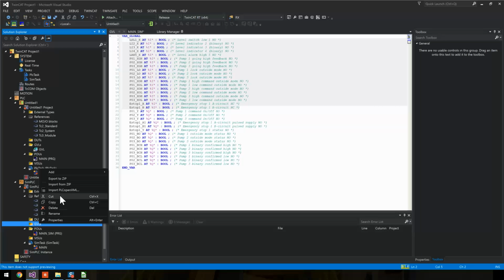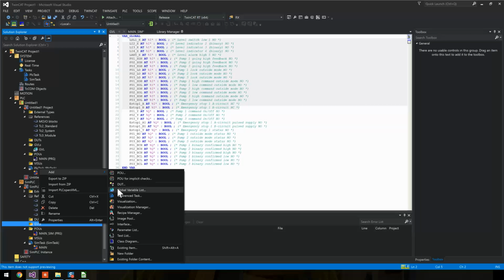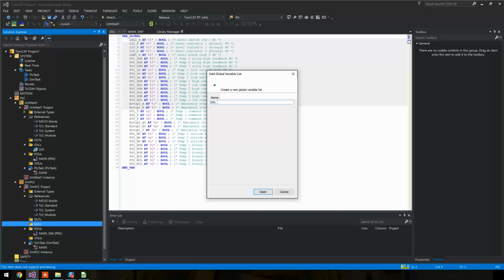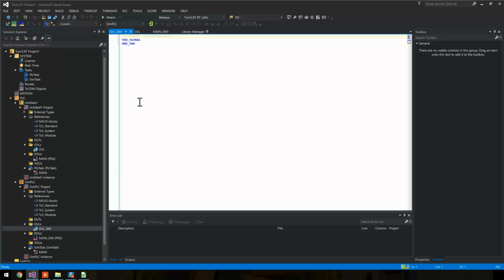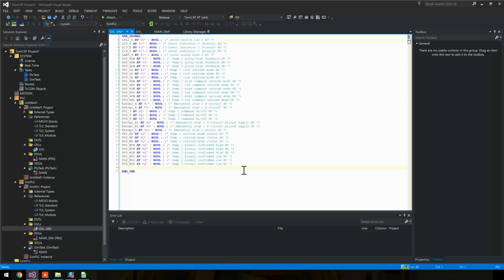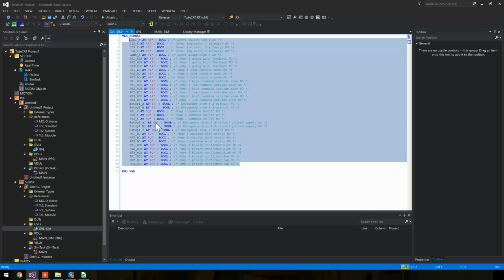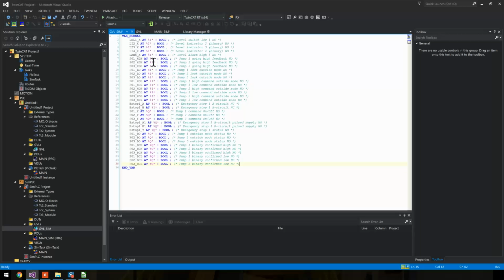So let's add a similar list for this simulation. We add exactly the same. Let's make it pretty. But now we'll replace the inputs with outputs.